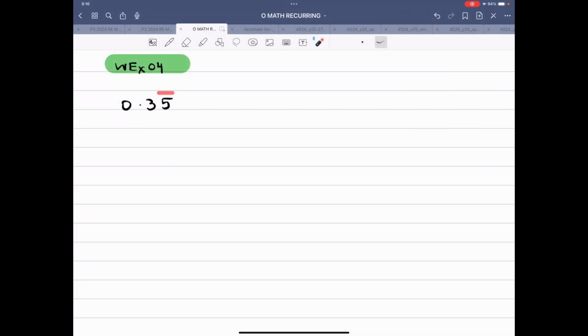So let's look at worked example 4. This is 0.35 and the 5 is the repeating part. That means if I write it, I'll write let x equal 0.3 and let me write this in red color. That's 555 that keeps on going. Again, we have to play with multiplication by 10.